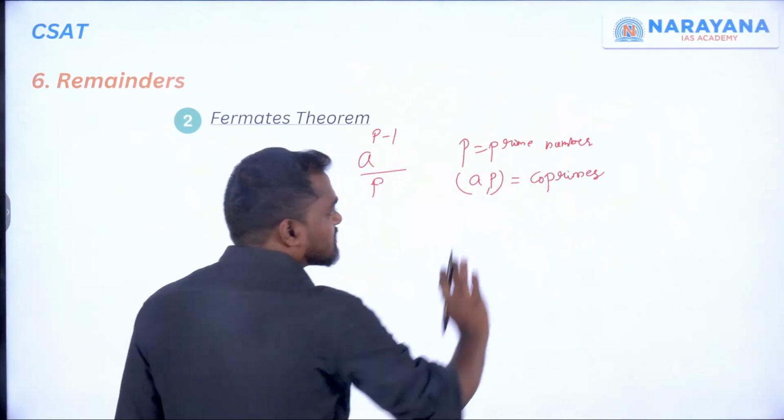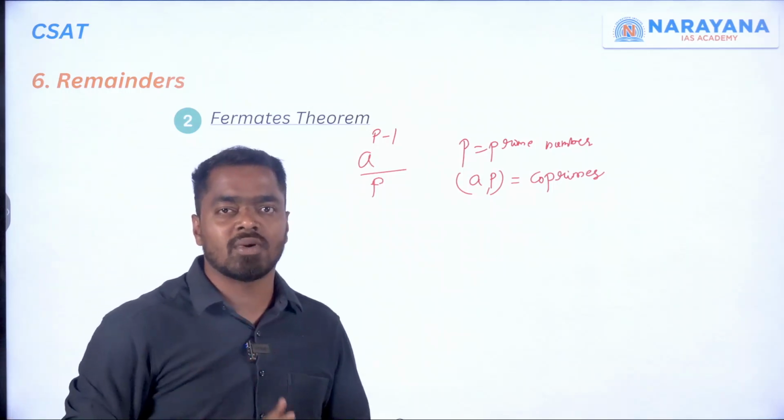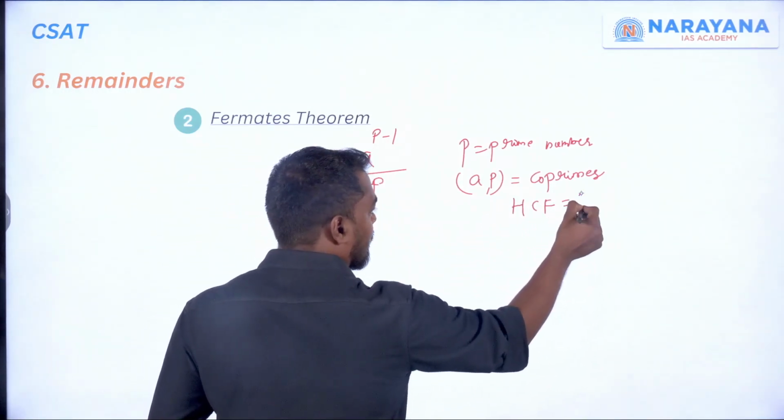What are co-primes? They should have 1 as the only common factor. That is nothing but their HCF is 1.